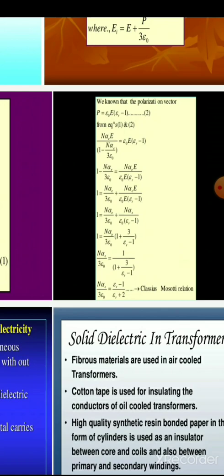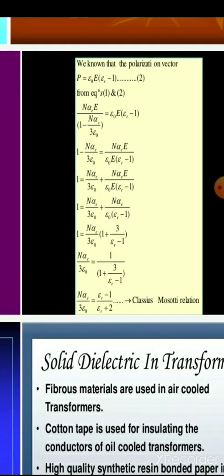We equate both equations, because if the left sides are equal, the right sides can also be equated: N alpha E capital E by 1 minus N alpha E by 3 epsilon naught equals epsilon naught into E into epsilon r minus 1.